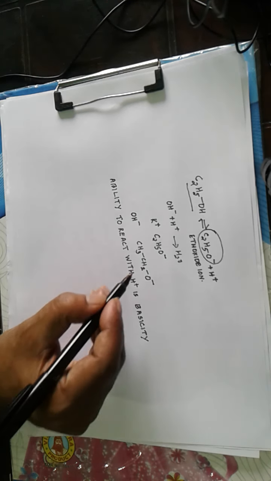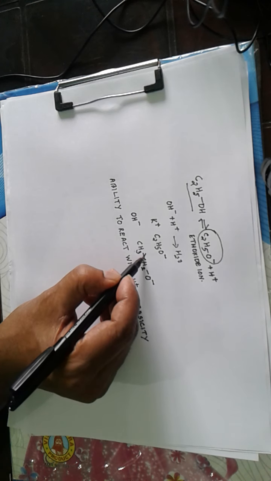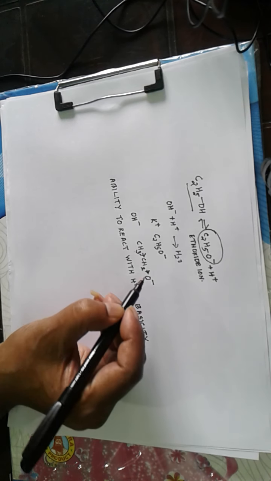Now compare the basicities of hydroxide and ethoxide. In ethoxide, the ethyl group can show a plus I effect, so that the electron density over the oxygen atom is increased. So we can say the oxygen atom in ethoxide has a higher electron density than the oxygen atom in hydroxide.